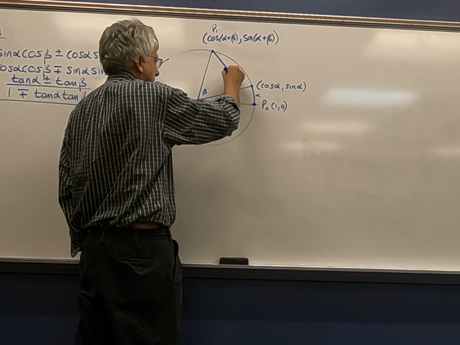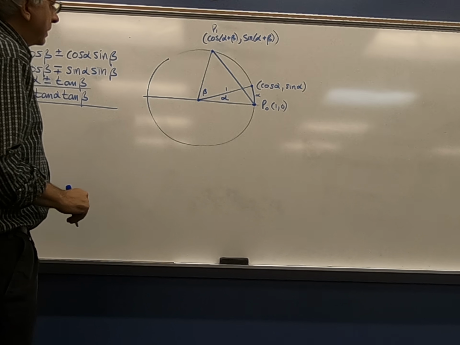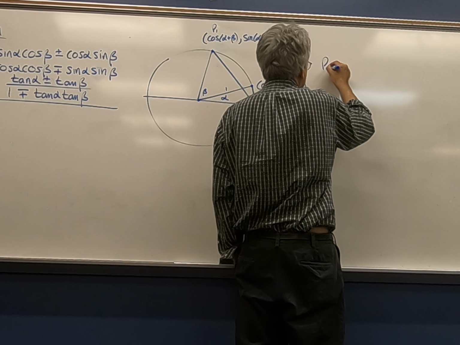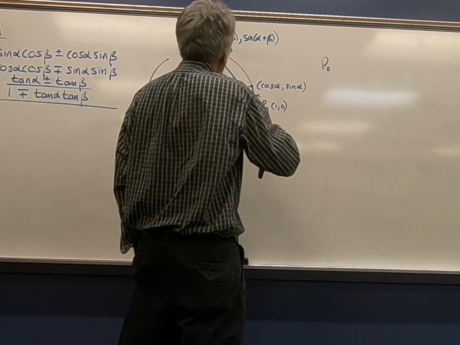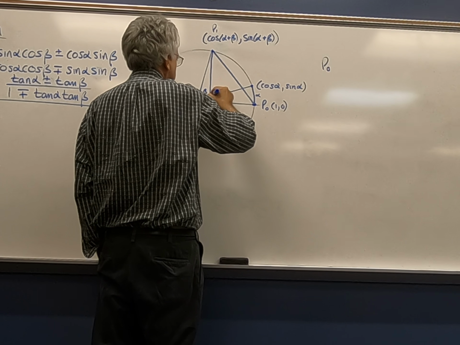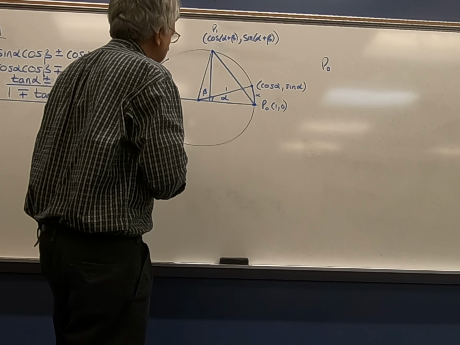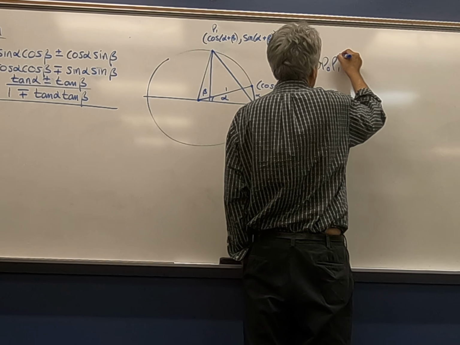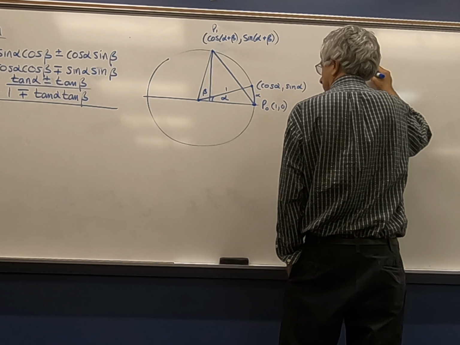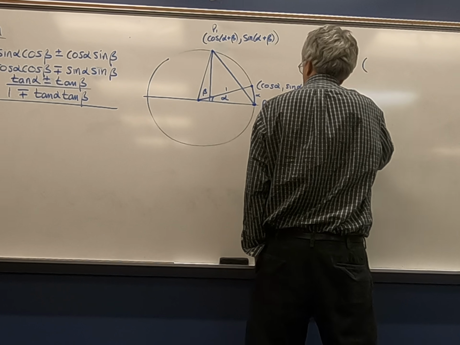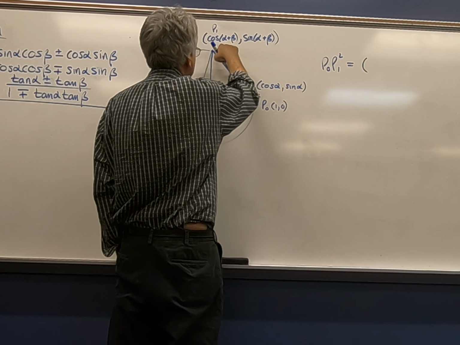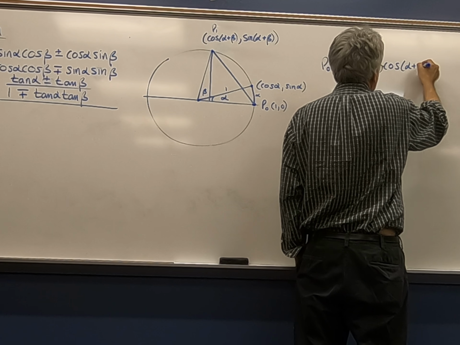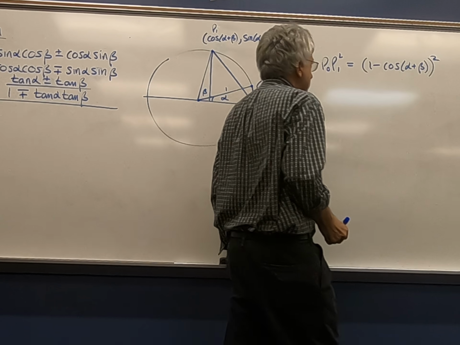Then this chord is a certain distance, P naught P1, and the square of that distance, by Pythagoras' theorem, if I drop a perpendicular here, is the sum of the squares of the differences in the coordinates. So P naught P1 squared is the difference in the x-coordinates, which I'm going to write as 1 minus cosine alpha plus beta, squared, right?